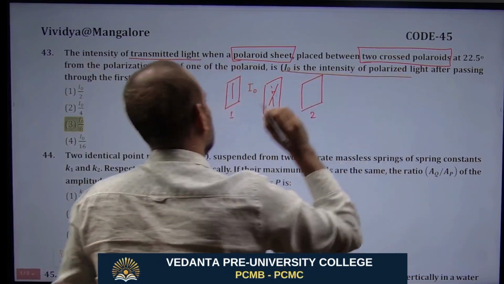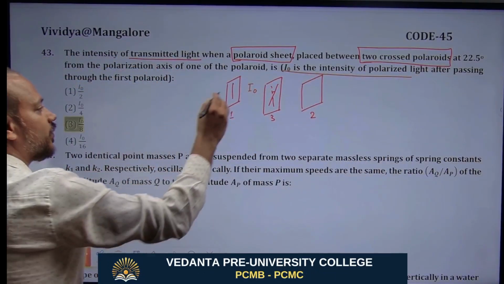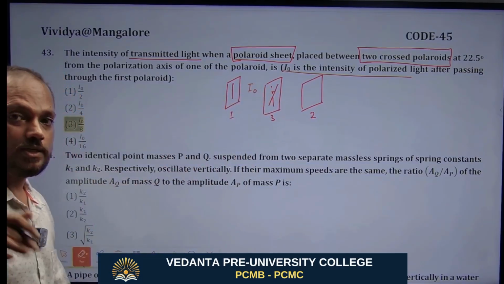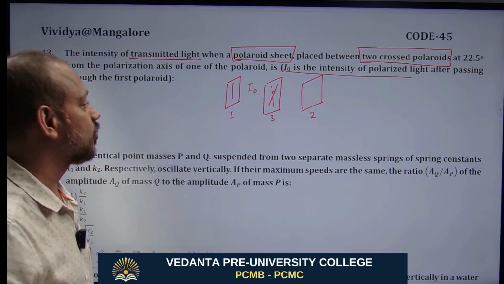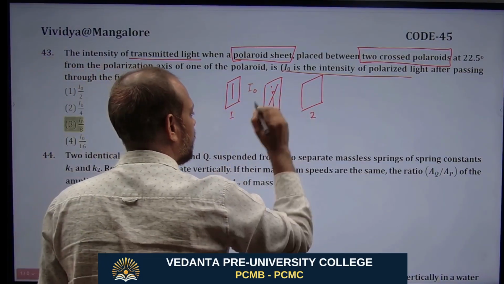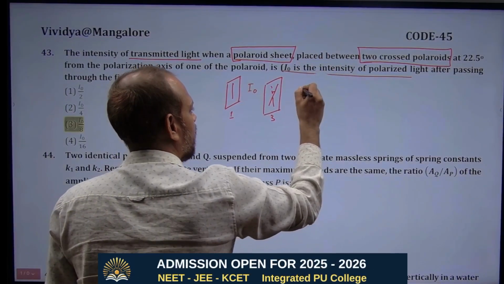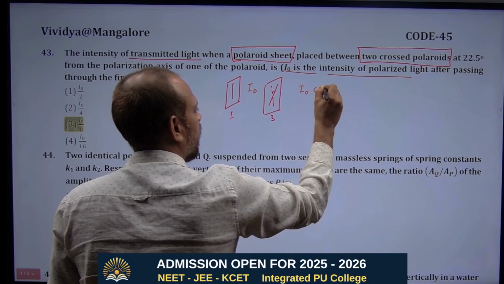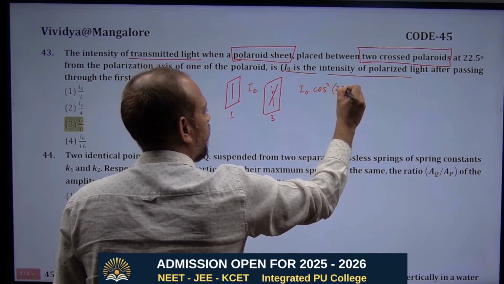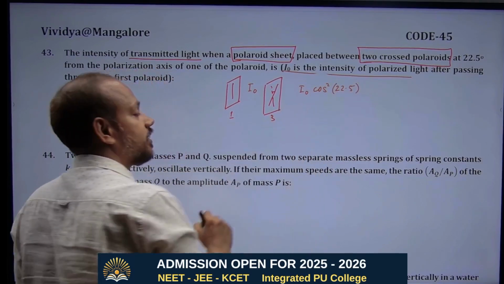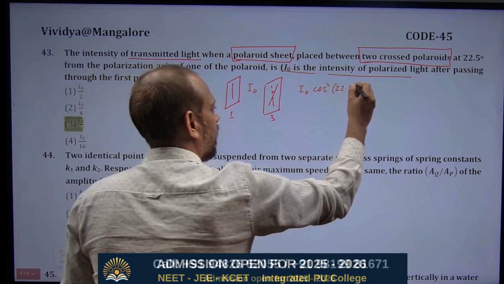Now what will happen as it passes through the third one? The pass axis is at 22.5 degrees, so the intensity of light that will come after the third one will become I naught cos square 22.5. This is called Malus's law.